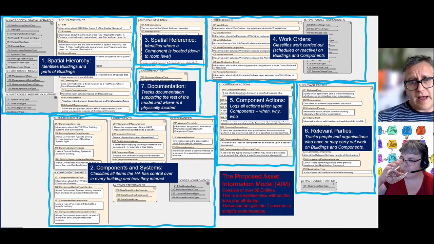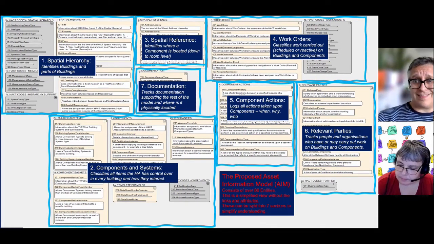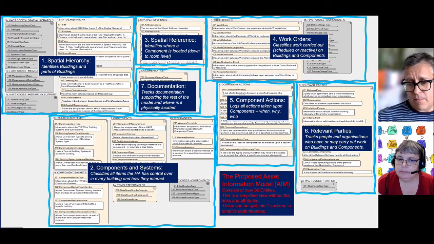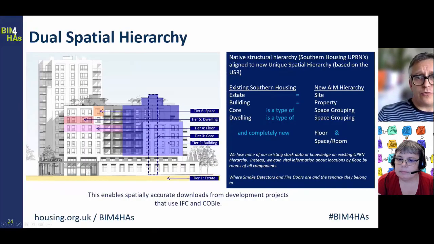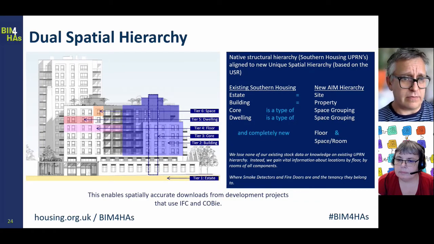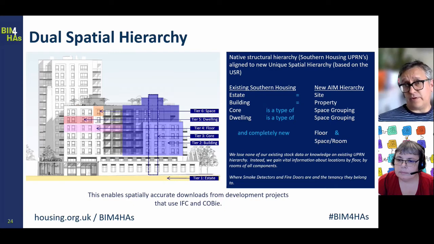I'm going to explain how this can work with your existing assets and your existing software, because the model has the ability to have a dual spatial hierarchy. What is shown here on the graphical depiction and that text is that Southern Housing Group has its own unique property referencing numbering system.